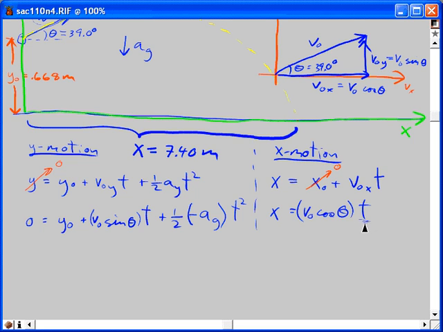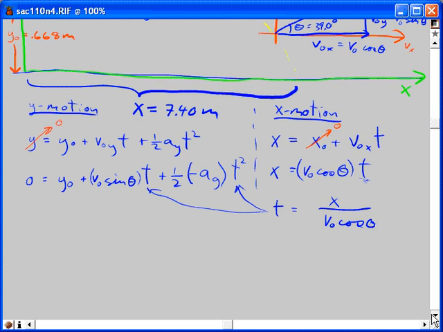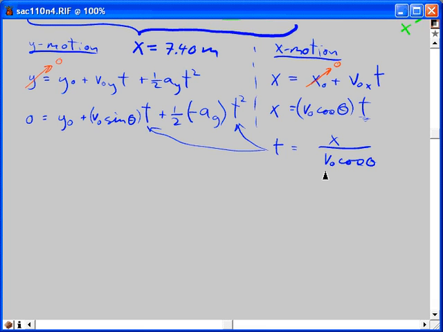So what I'm going to do, I'll solve for the variable that I don't care about, the one I'm not looking for, in one equation, and then substitute that into the other equation. It goes there and there. And then I'll have one equation and one unknown, namely v0, which is what I'm looking for. So I'll be in pretty good shape. I'll almost be done here.